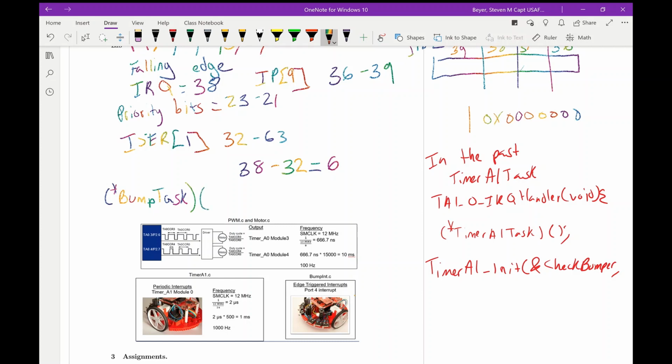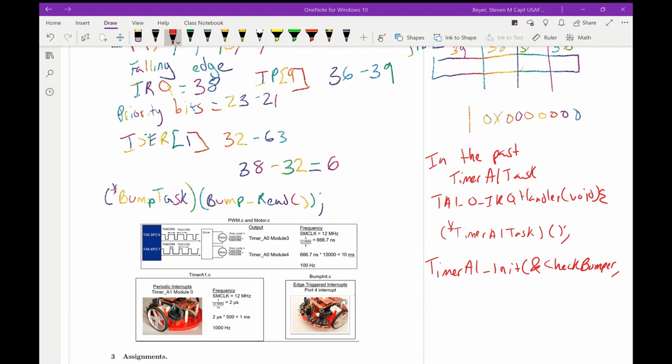So while this is a falling edge interrupt, we're still polling for the information from the bump sensors. So we're going to actually pass in the results of a function into our bump task.